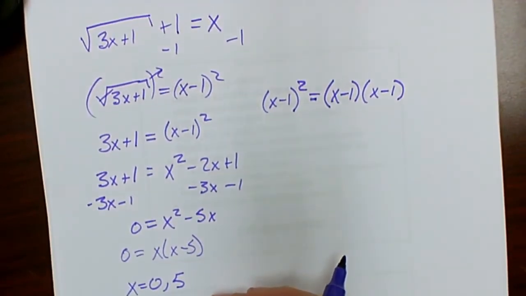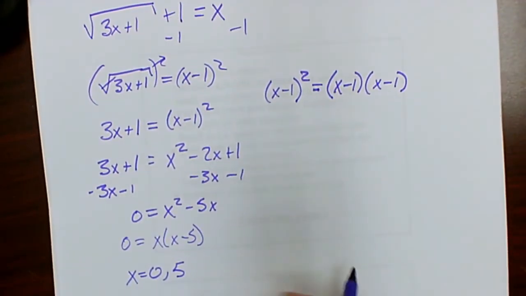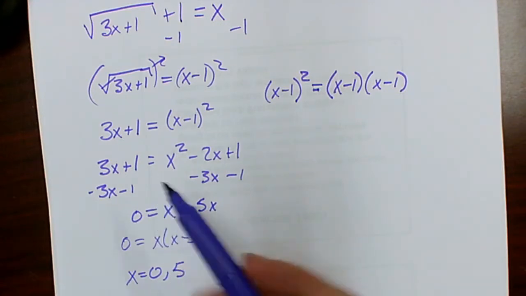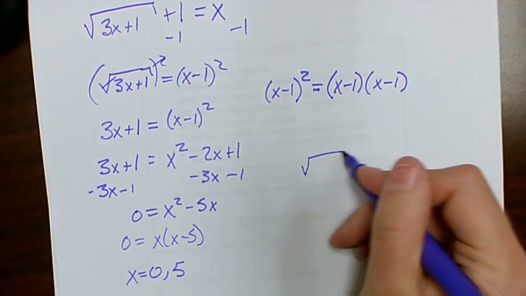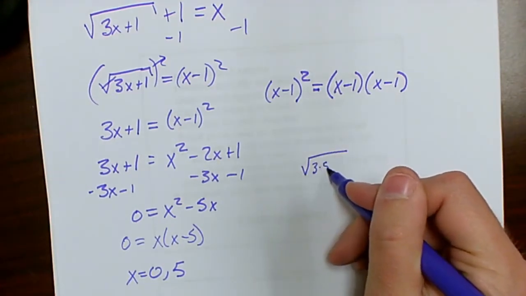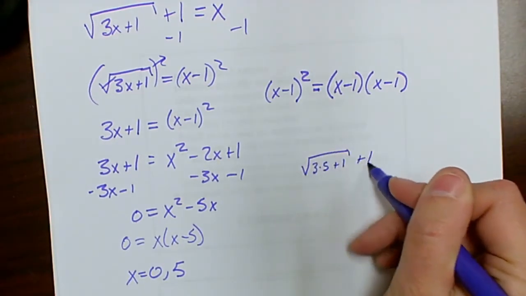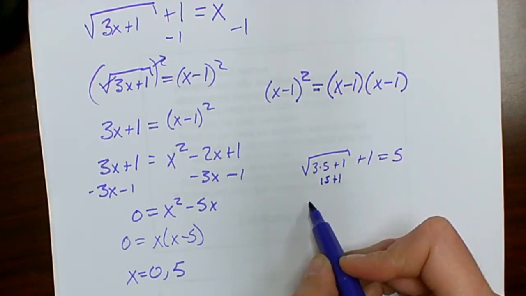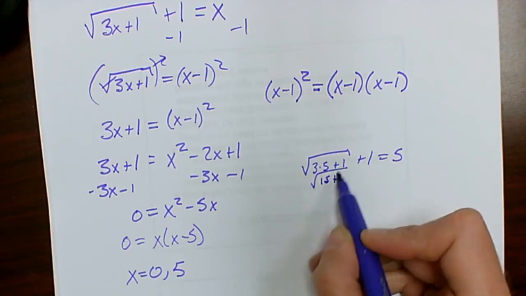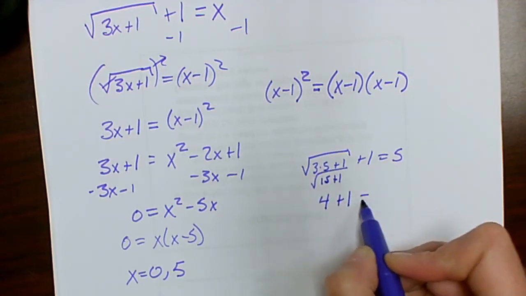Now, I don't know about you, but one of these answers kind of seems fishy, especially since we have two answers. So I'm going to plug in 5. So we'll have square root of 3 times 5 plus 1, plus 1 equals 5. This will be 15 plus 1, so square root of 16 is 4, plus 1 equals 5.